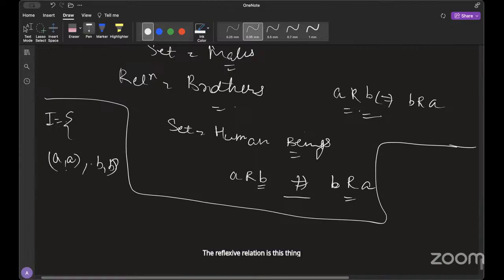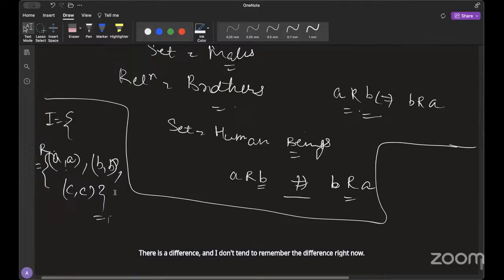If you have a set, you need to have this thing here. And in identity relation, there is a difference, and I don't remember the difference right now. Wait. Okay, ma'am, no issue.